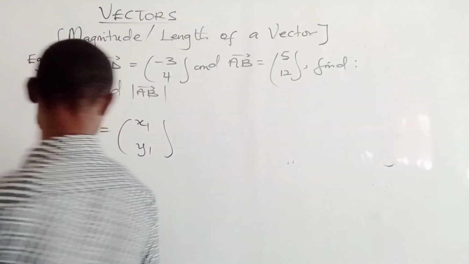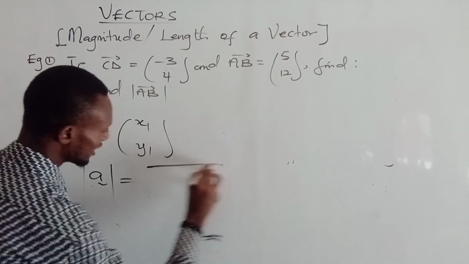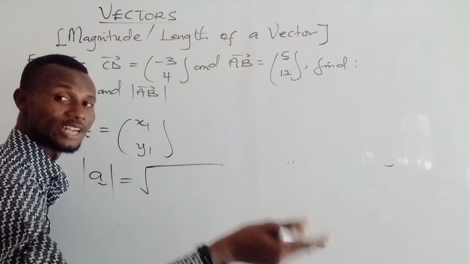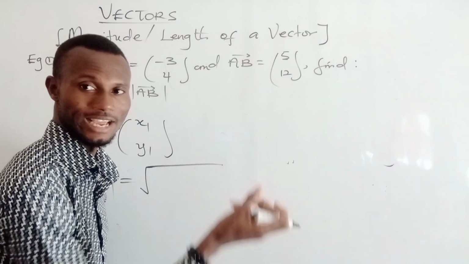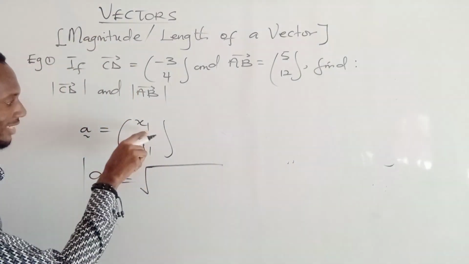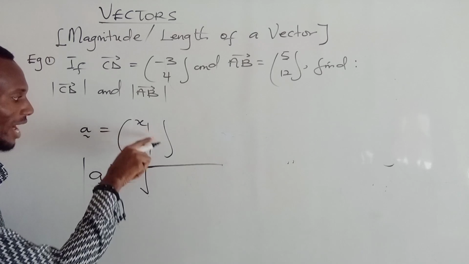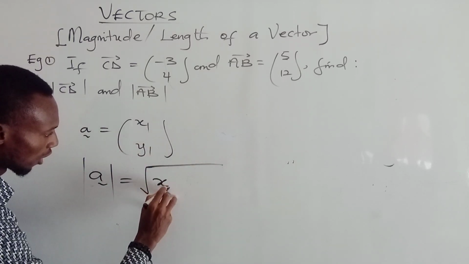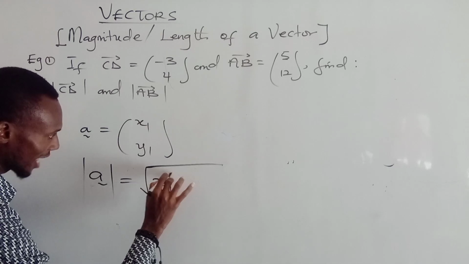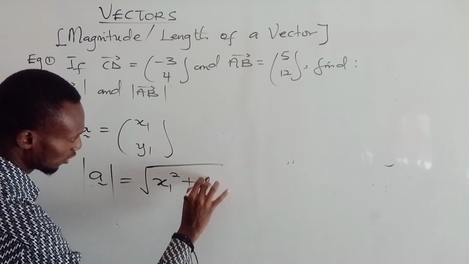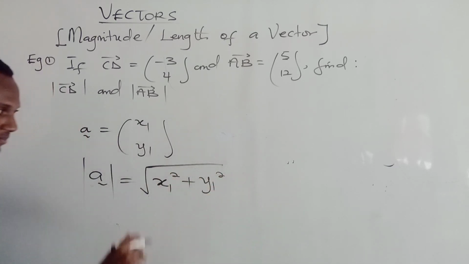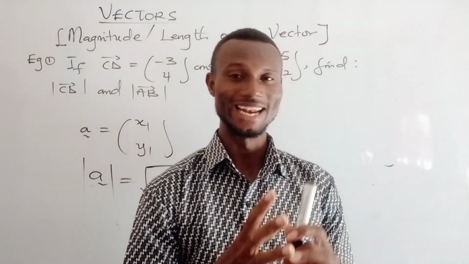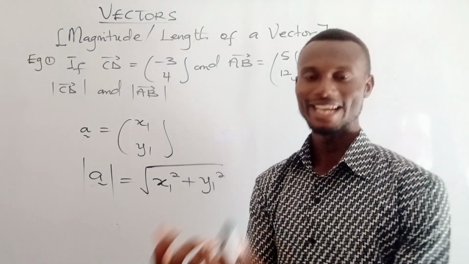So it says that we find the square root of the sum of the squares of the components of the vector. These are the components of the vector, x1, y1. So I'll find the square root of x1 squared plus y1 squared, and this gives you the magnitude or the length of the vector A.